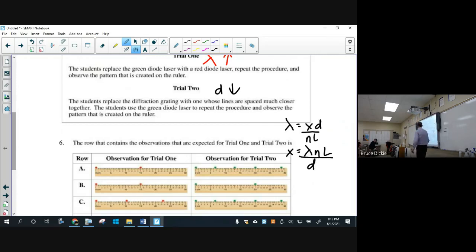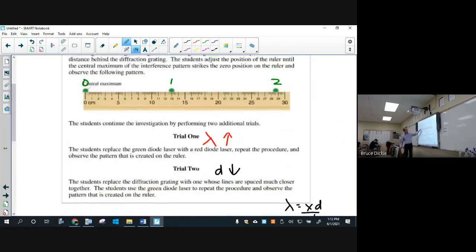What am I doing in trial 1? We are increasing lambda. If I increase lambda, x goes up. So that must mean that the dots, the maxima, are going to be further apart. They were 0 to 13. x was 13.